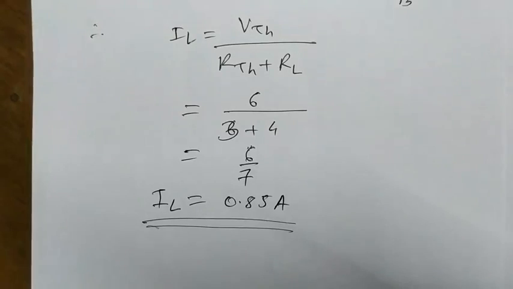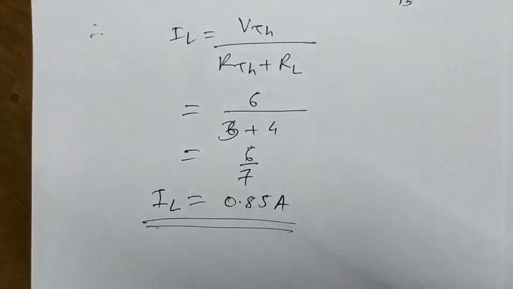Using Thevenin's theorem we cannot find the efficiency of any circuit. Also, this theorem cannot be applied for calculating the power consumed internally. That is, Thevenin's theorem cannot be applied for calculating the power consumed internally.